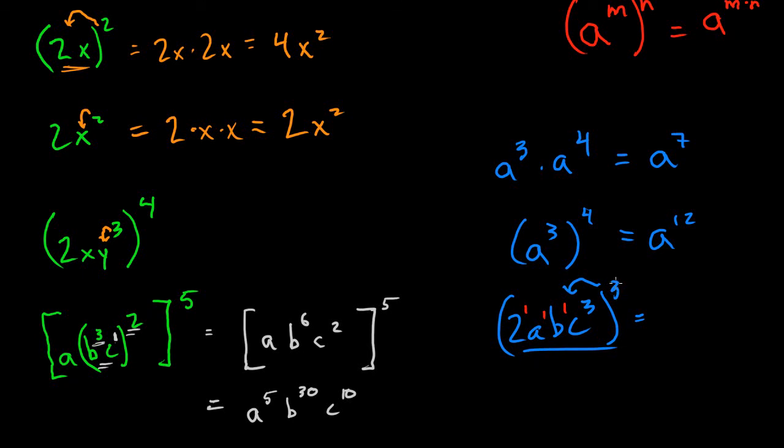We multiply each of those exponents by 3. So we get 2^(1 times 3), a^(1 times 3), b^(1 times 3), and c^(3 times 3). So 2^3, a^3, b^3, c^9.